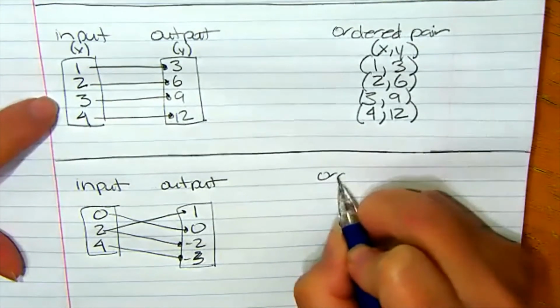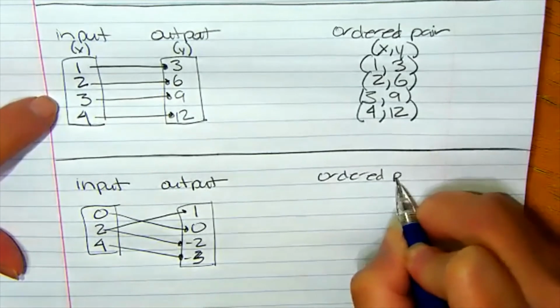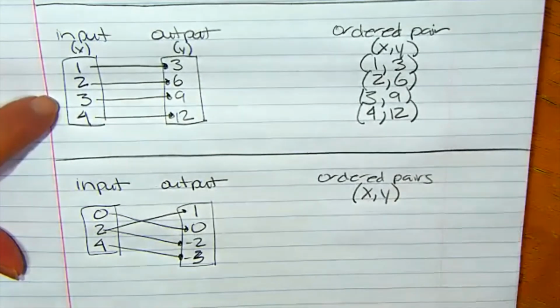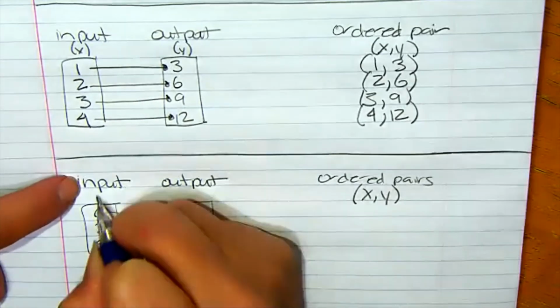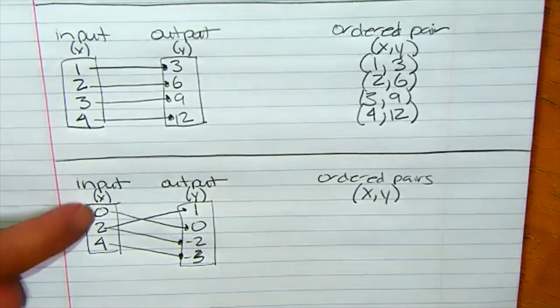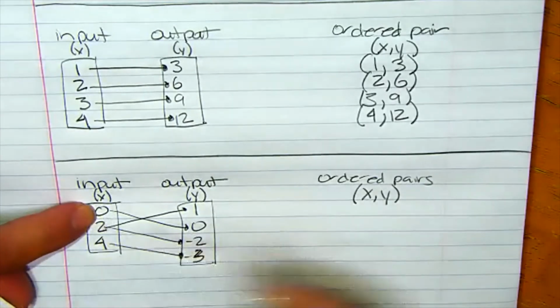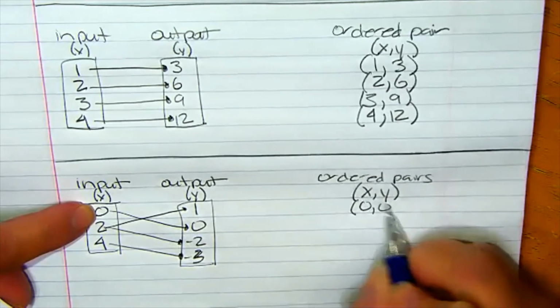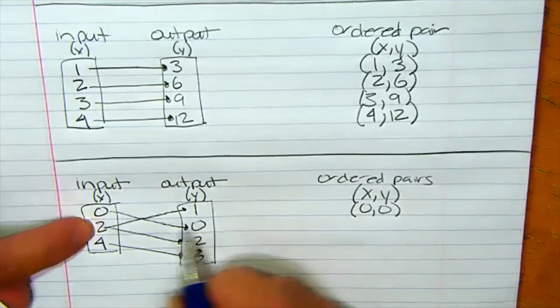For my ordered pairs, I know an ordered pair is (x, y). I know input is x and output is y. So let's just go on down. If I input 0, I get out 0.